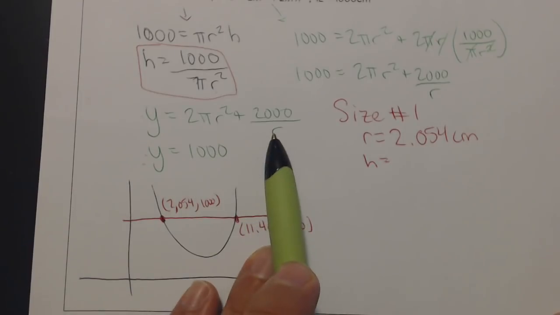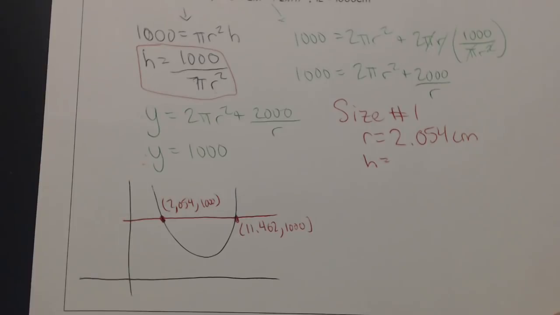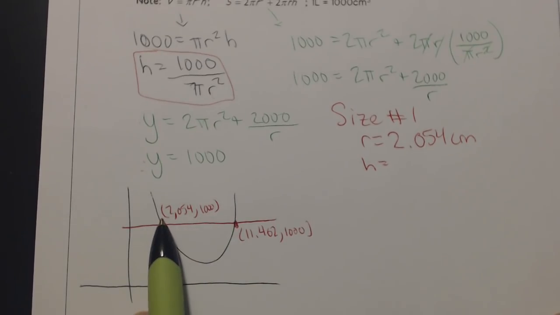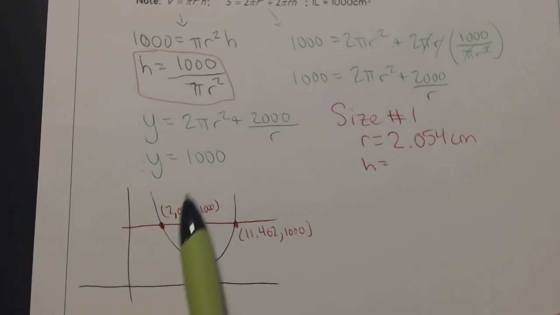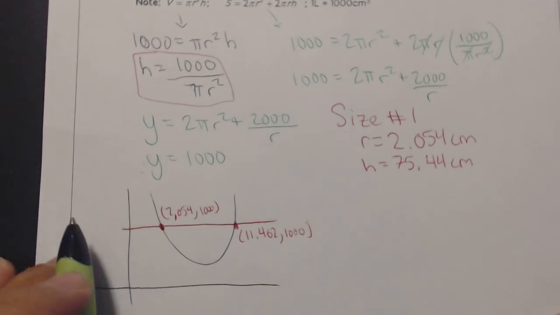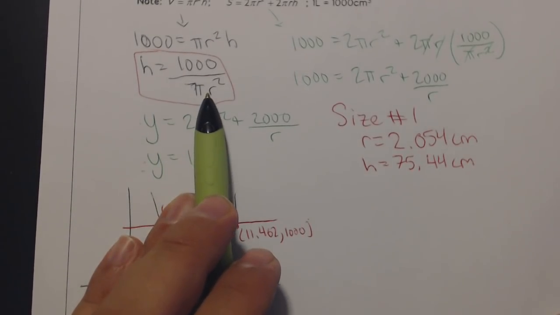I could have solved this by getting common denominators, multiplying by R, and all that fun stuff. Or I used a graphical approach. I found out when this function equals 1,000. Like I said, I will graph this in just a moment so you guys can see. And I get 75.44 centimeters for the height, for when I plugged R into this.